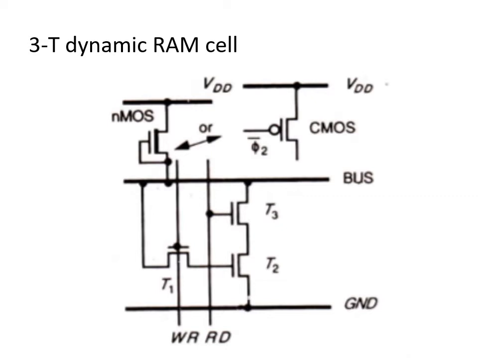So when write control input is 1, which is connected to the gate of the transistor T1, the NMOS turns on. So whatever is there in the bus, let me assume that 1 is there in the bus. T1 acts as a pass transistor, and that 1 is stored as gate capacitance in T2.